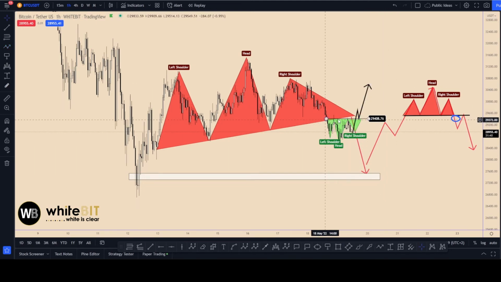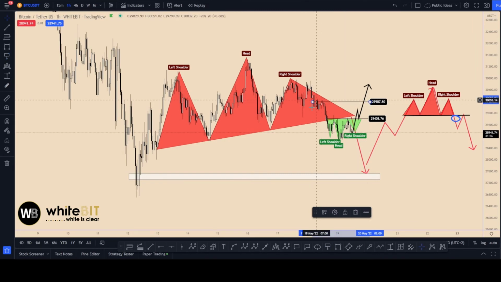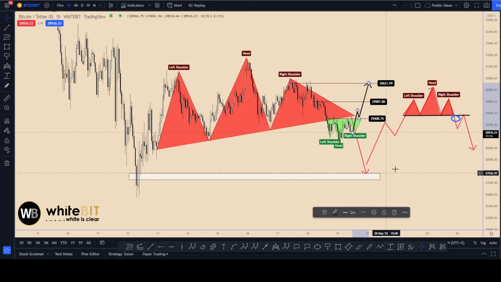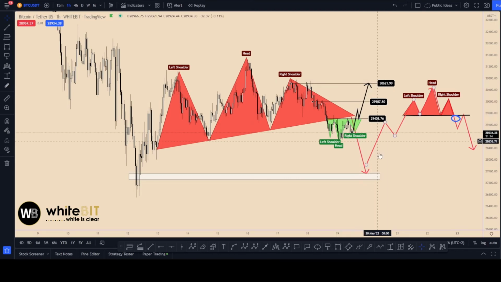So once the price moves above 29,400, it will continue moving higher, and after that we can see the price testing these areas up close to 30k, that corresponds to the first small structure, and the next target will probably be the top of the right shoulder here for the bullish scenario.